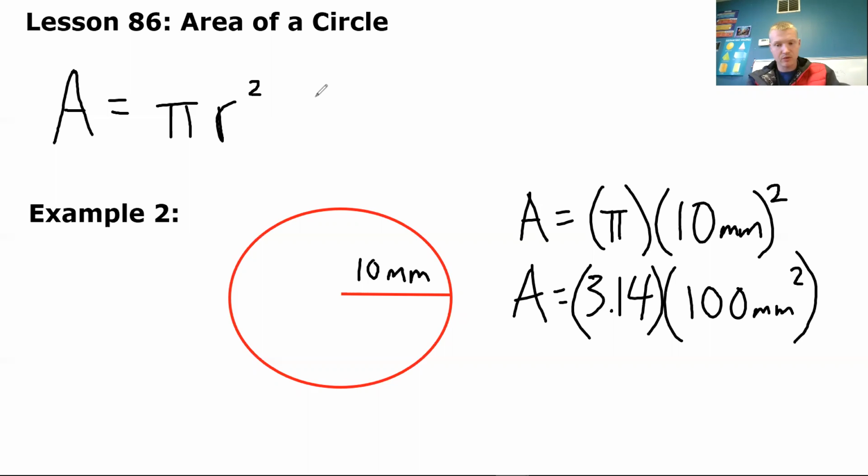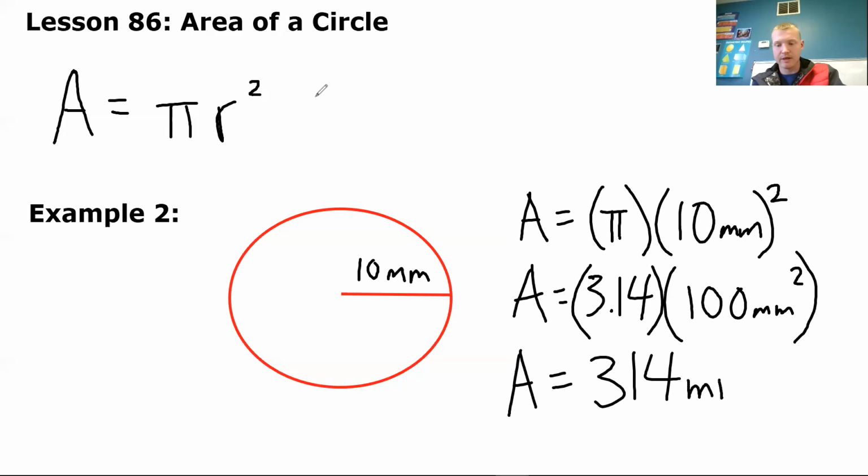Once you multiply those two together, this one's kind of a nice one. All you have to do is move over your decimal place to the right twice, and you get an answer of 314 millimeters squared for your area. That's a nice, easy one for our first example. So area equals 314 millimeters squared.